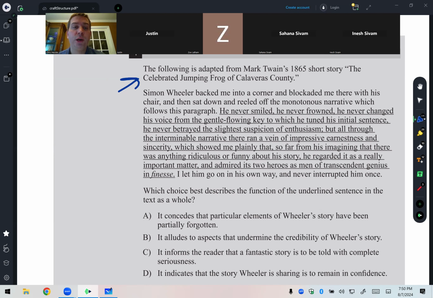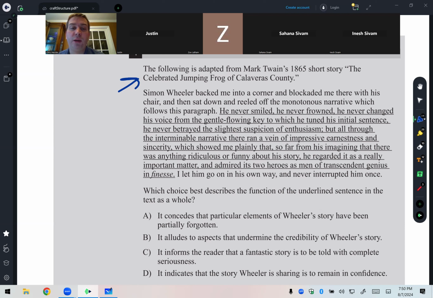But all through the interminable narrative, there ran a vein of impressive earnestness and sincerity, which showed me plainly that, so far from his imagining that there was anything ridiculous or funny about his story, he regarded it as a really important matter and admired its two heroes as men of transcendent genius in finesse. I let him go on his own way and never interrupted him once.